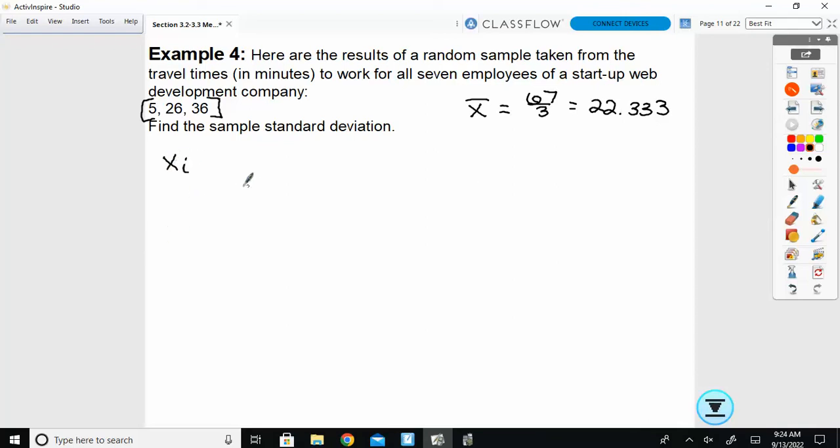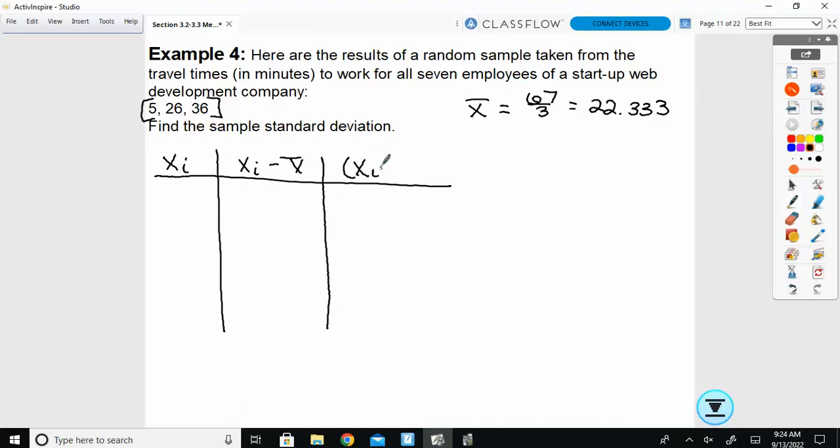I will caution you, on standard deviations, how many decimals you round to makes a big difference, so just make sure you're showing me all your work and I know where you got your answer. Then we're going to set up the same way. We'll take each value, the value minus the mean, and then we'll square it. But we only have to do 3 of them this time.